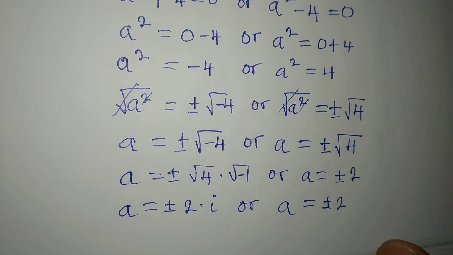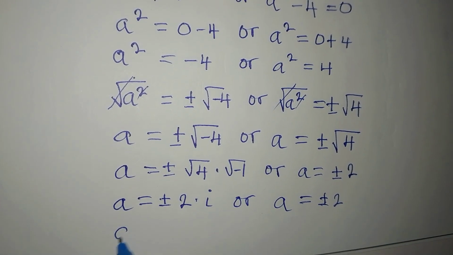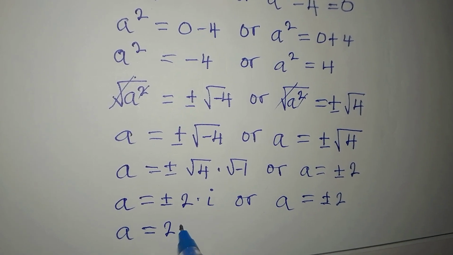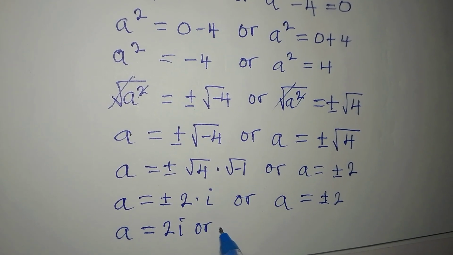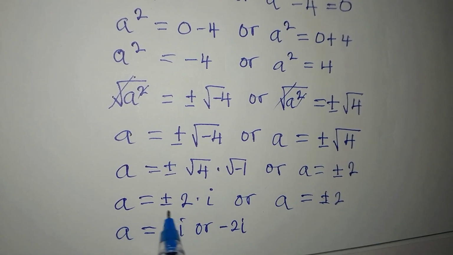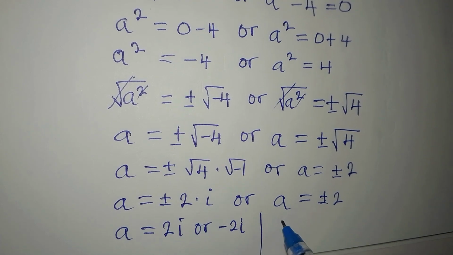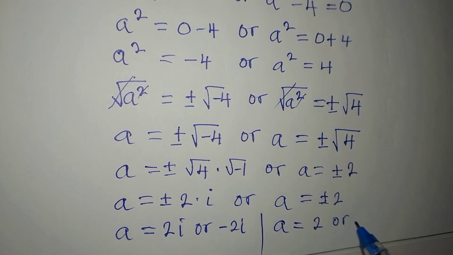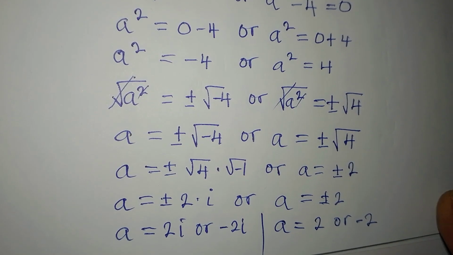This means that we have our a to be equal to plus 2i or minus 2i. That is from the first factor. Then from the other factor, we have a to be equal to 2 or minus 2. So let's bring out the four solutions together.